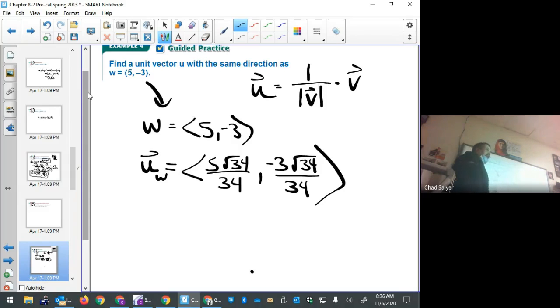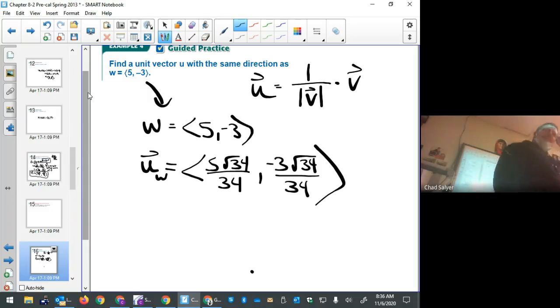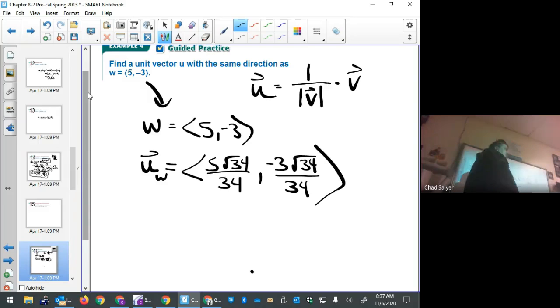Often we write it with u and then a subscript of the parent vector. So u sub w is the unit vector in the direction of w sometimes. You can also use that to mean the projection of one vector onto another. So this notation shares a few different vector things. Infer from context which it is.